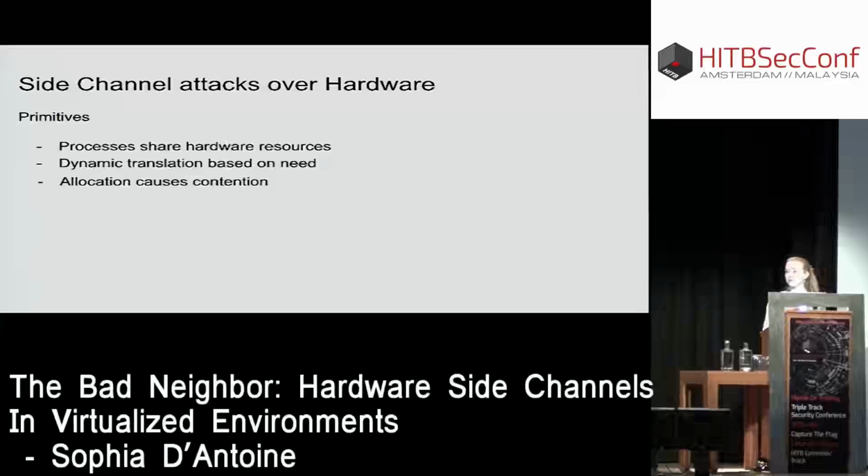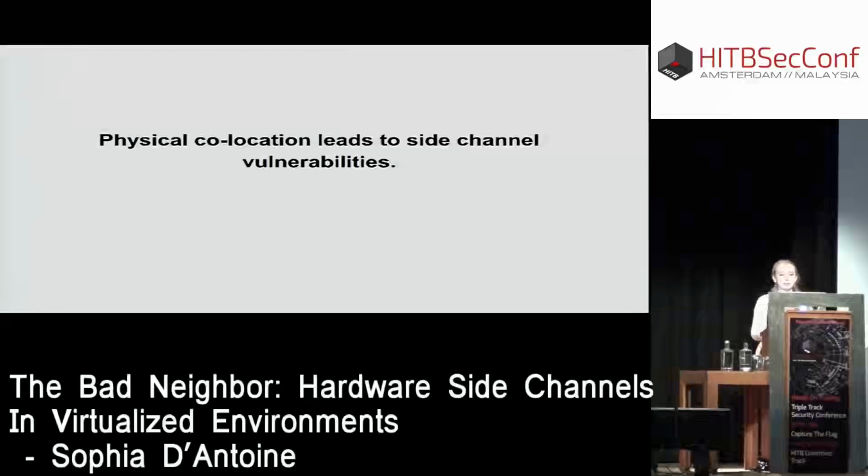And this can take many different forms depending on which hardware unit you're using. But the real vulnerability for all hardware side channels is that element of dynamic translation and forced contention. And you can use that optimization model to deterministically send messages and create covert channels across different pieces of hardware.